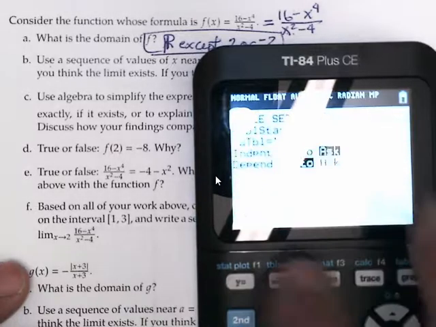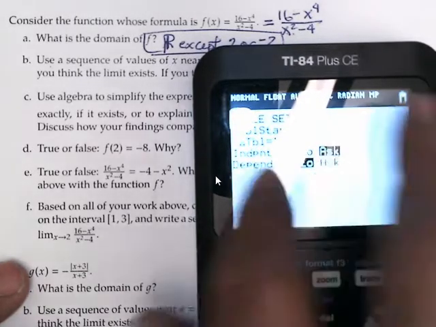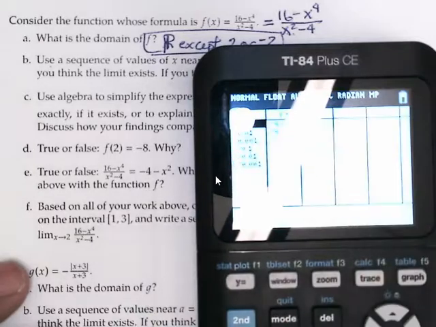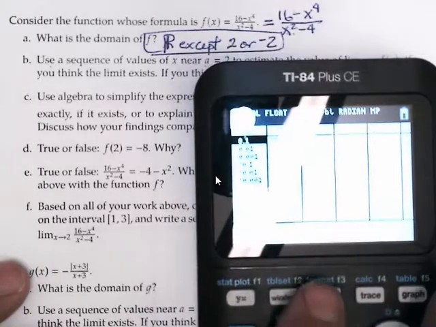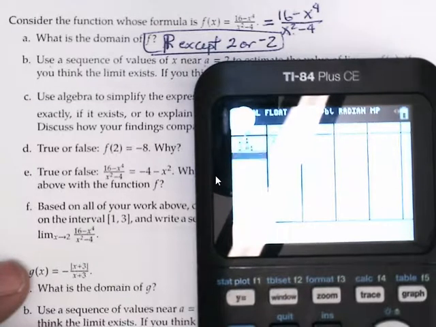So I've got the table set on ask, not on auto, so that it will actually calculate it, and I'm supposed to get close to 2. So not to 0 as that one did. So I'm going to try 2.1 and then 2.01 and then 2.001, and it looks like it's getting, oop.